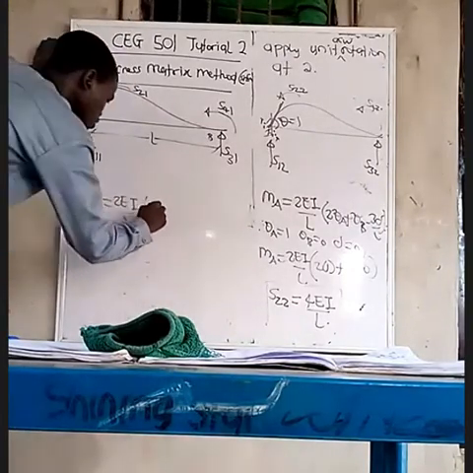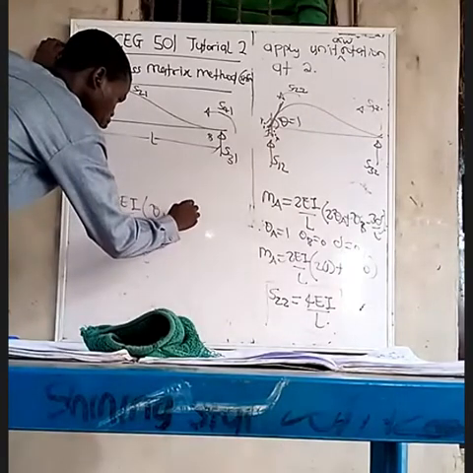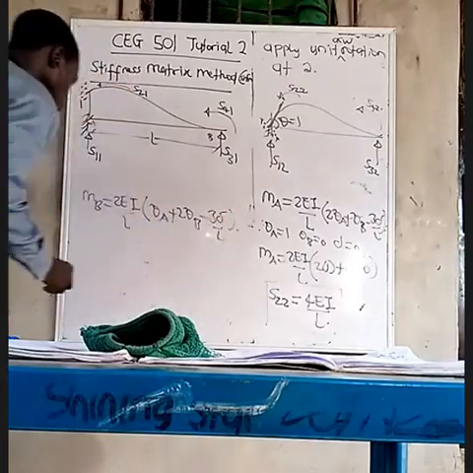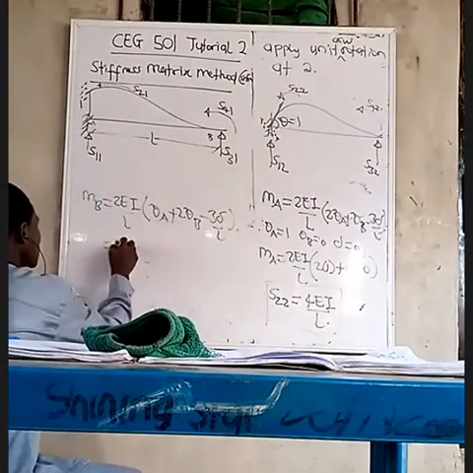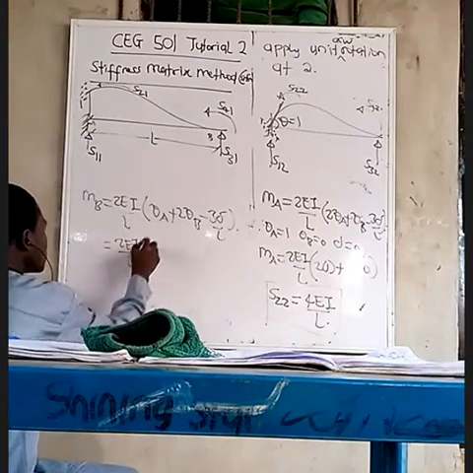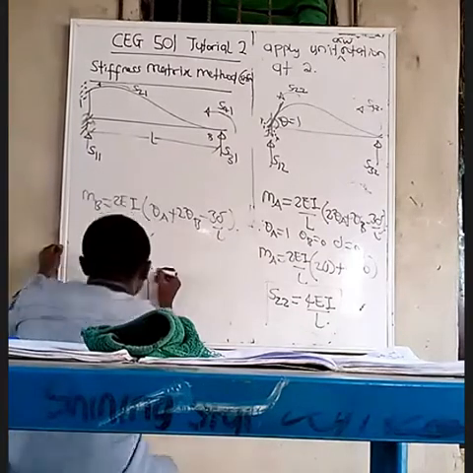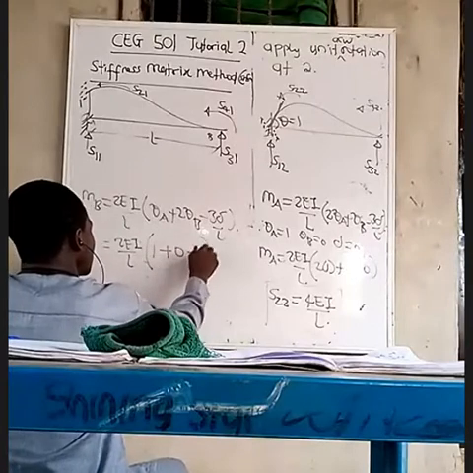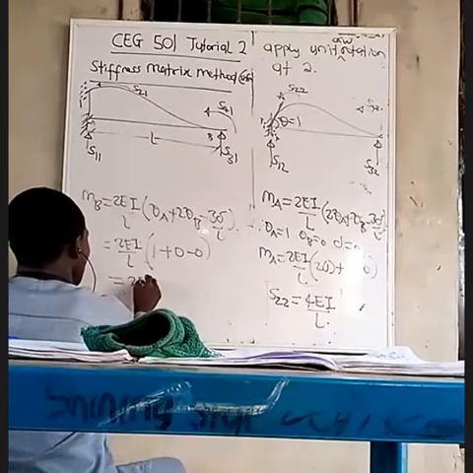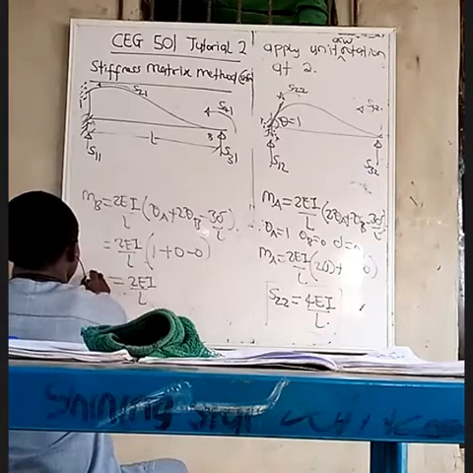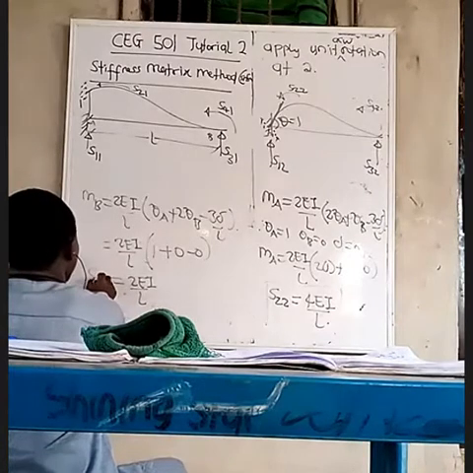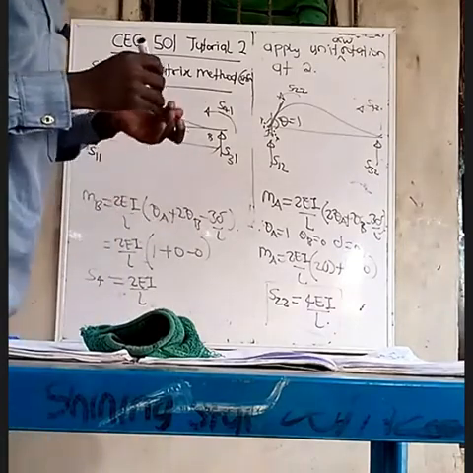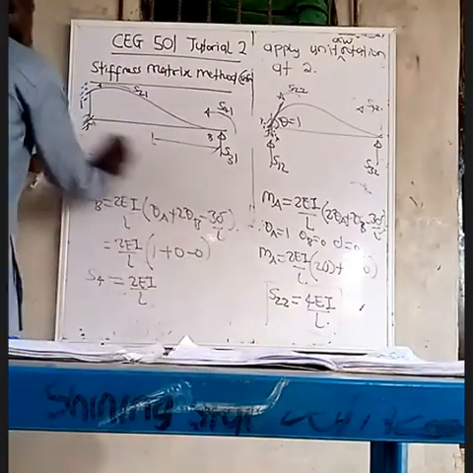So MB equals 2EI over L into bracket theta A plus 2 theta B minus 3 delta over L. What's theta A? Theta A is 1. Theta B is 0 minus 0. So we have 2EI over L. So that's S42, right? Let me clean this so that it will not be confusing us.